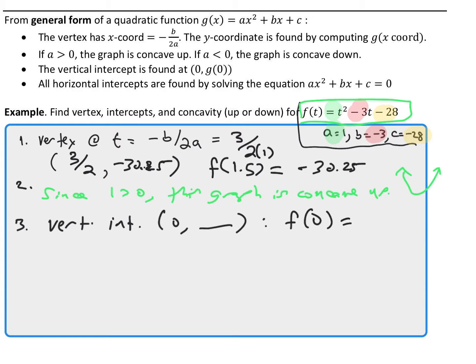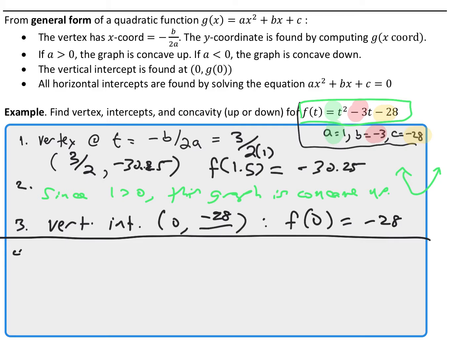So f of 0 is easy to calculate in general form. We're putting 0 in place of t, so this is 0 minus 28. General form is excellent for finding the vertical intercept. That's where we have been so far, and now we're going to find the horizontal intercept.